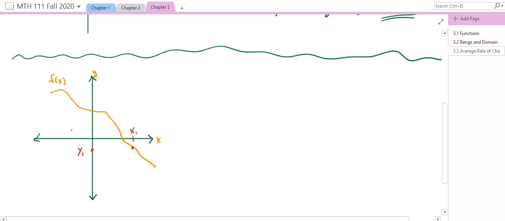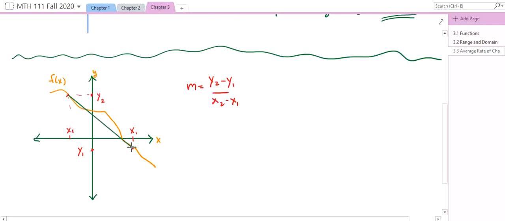And if I choose an x value over here, again, this will produce some y2 value, this x2 value here. And we did say that our slope was y2 minus y1 over x2 minus x1 if we are doing average rate of change between those 2 points. I guess I didn't really say we were, but yeah, that's what we're going to do. Average rate of change between these 2 points here.